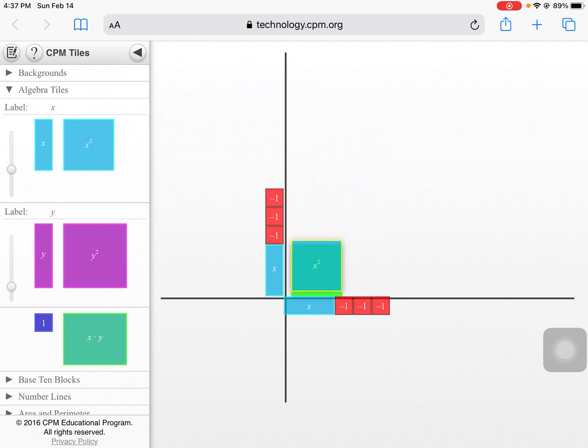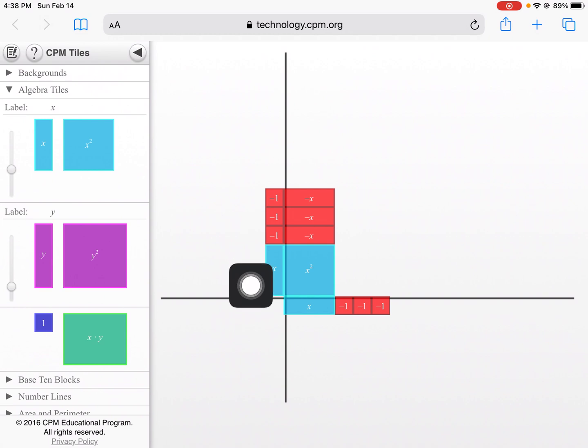And so I'm multiplying something times itself, a binomial times itself. So I've got x times x is x squared. Then I'm going to do this x times these 3 units. So I'm going to need to change them all as far as their orientation and their sign. So that becomes negative 3x there. Then I'm going to take this x times these 3 negative ones.